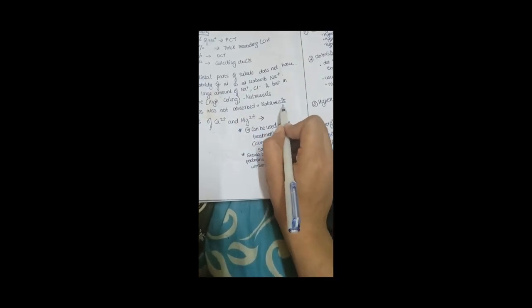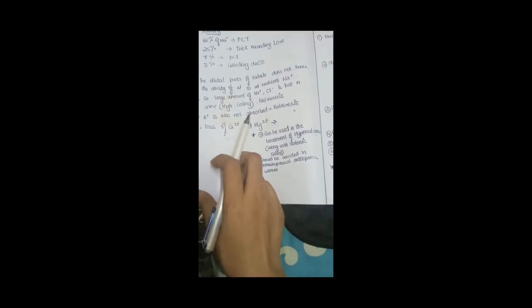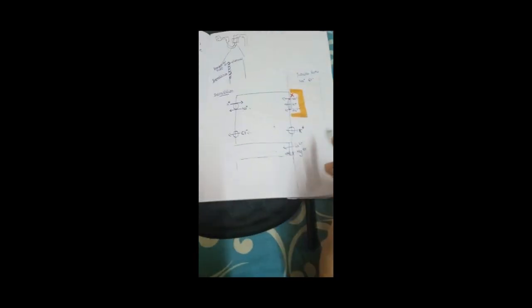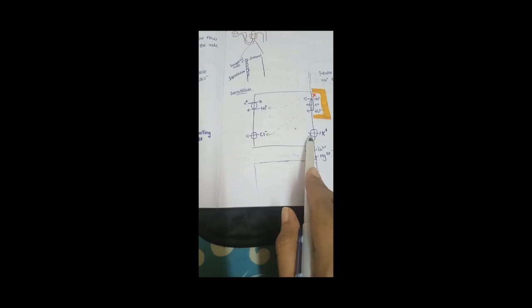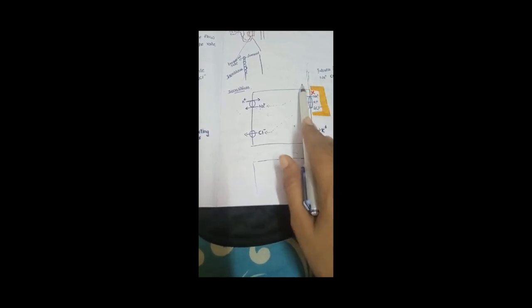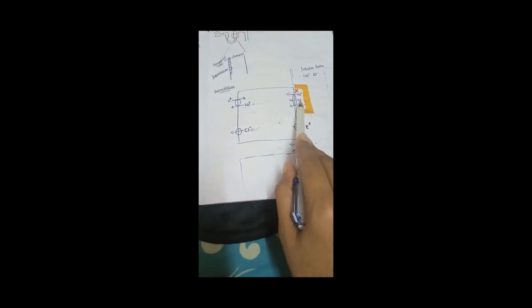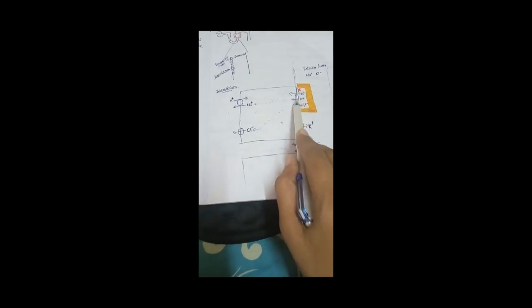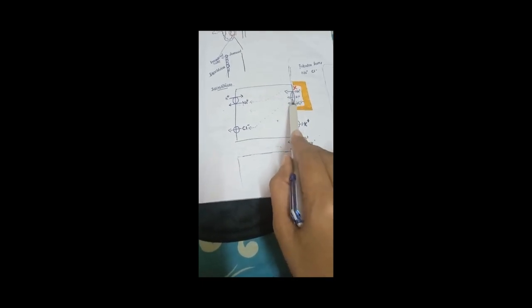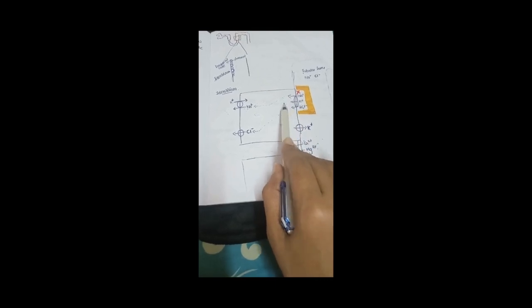Similarly, potassium is also not reabsorbed. It also leads to the loss of potassium in urine. The exact mechanism of how potassium is lost, we can see when we are discussing other classes of diuretics. Like we saw, since this inhibits the sodium potassium 2 chloride symporter, there is no movement of potassium into the cell.